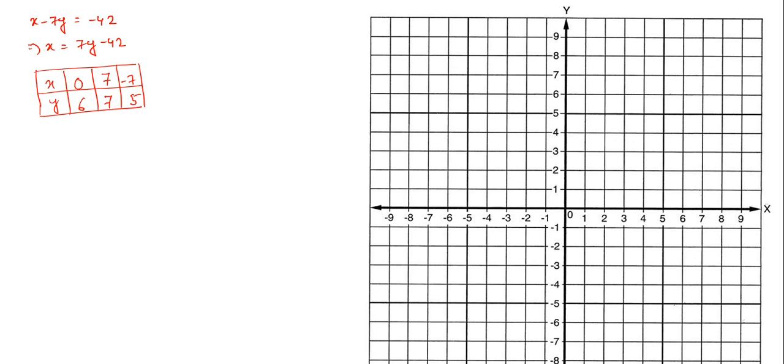Now we will plot the points. The first point is 0 comma 6, that is x is 0 and y is 6, this point. The next point is 7 comma 7, that is x is 7 and y is also 7. So this is my next point, and another one is minus 7 and y is 5, so that is this point.